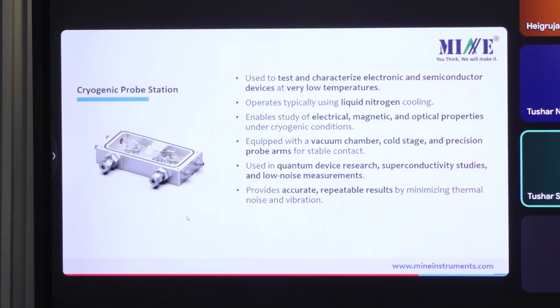As we talk about negative temperatures, sir, we are working on cryogenic probe stations. These are the cryogenic probe stations. Each probe station has some specific cases according to user needs, so you can see that the shapes and photos are very different.